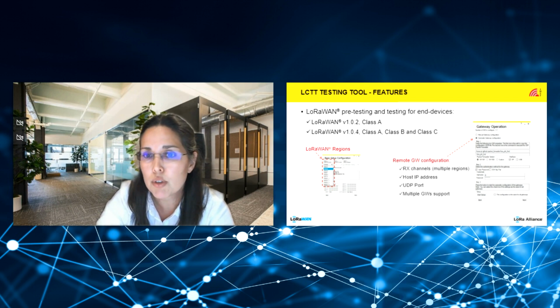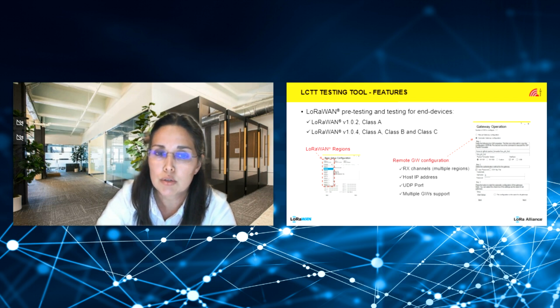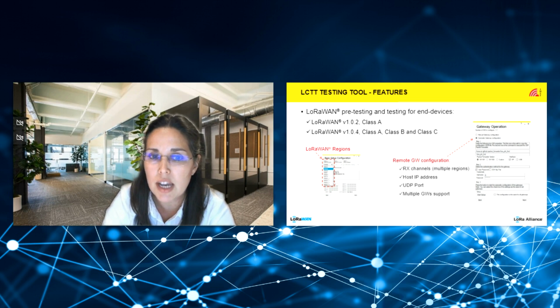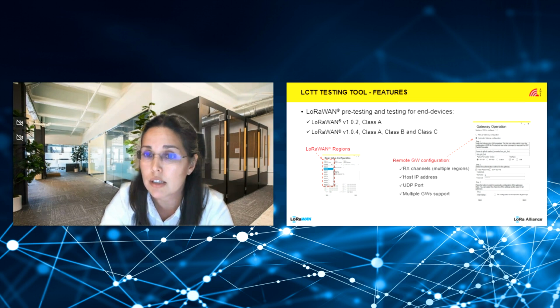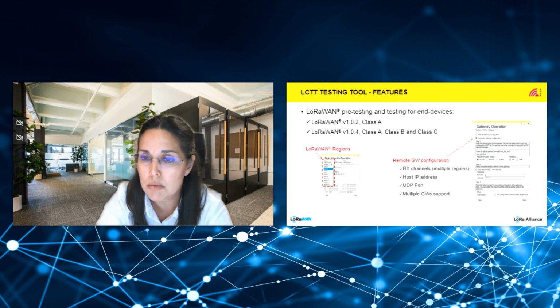An important feature is also the remote gateway configuration, which will allow you to automatically configure the gateway with the selected receive channels and the correct address of the LCTT computer, in order to ensure that the gateway is correctly configured and all the tests will be possible.